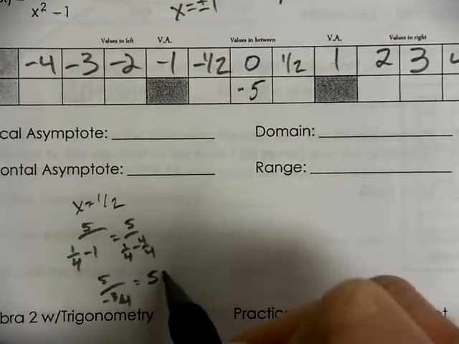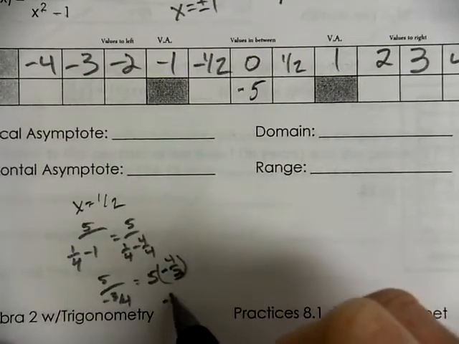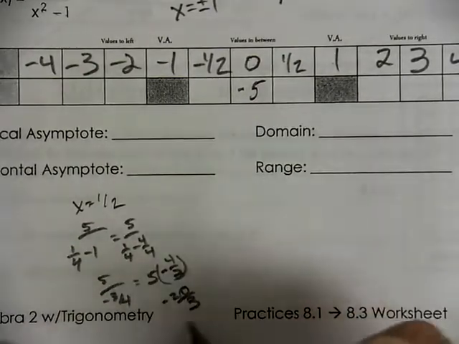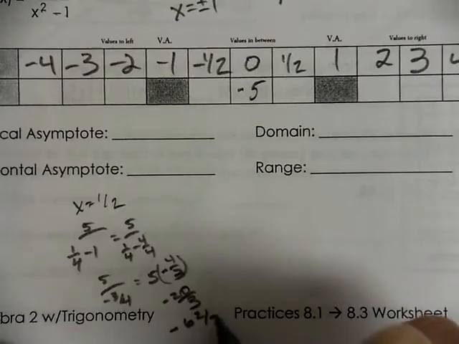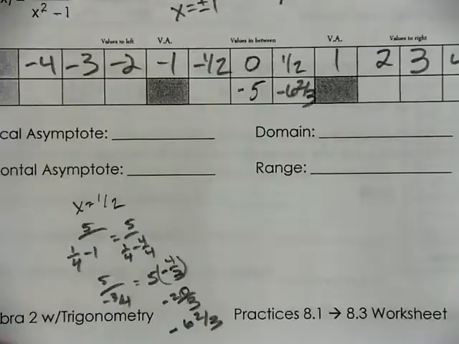Multiply by the reciprocal, and we get negative 20/3, which is negative 6 2/3.